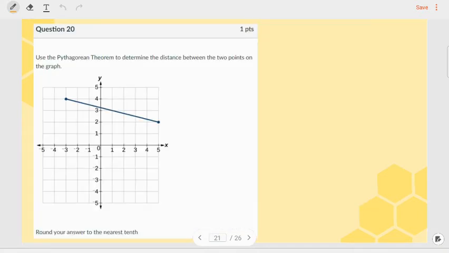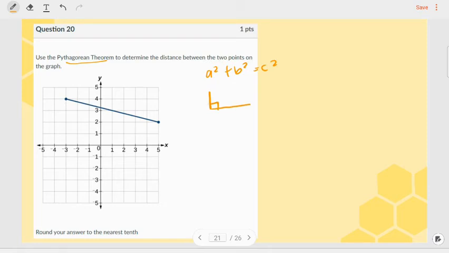All right, use the Pythagorean theorem to determine the distance between 2 points. Well, if I'm going to use the Pythagorean theorem, a squared plus b squared equals c squared, I need to have a right triangle. To form my right triangle, I need a vertical distance and a horizontal distance to form a right angle.